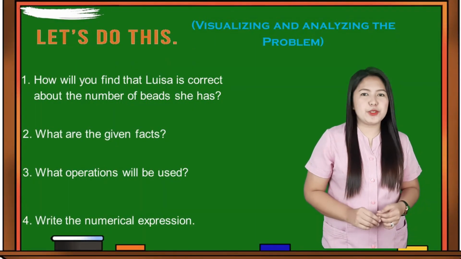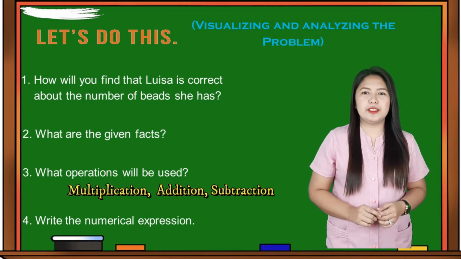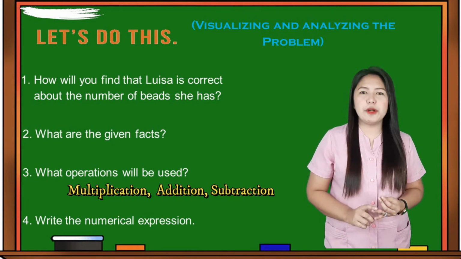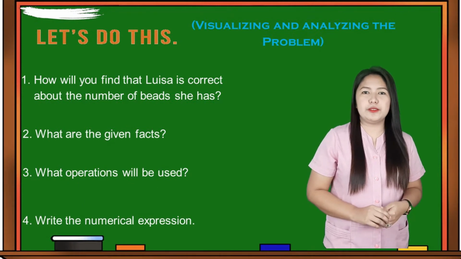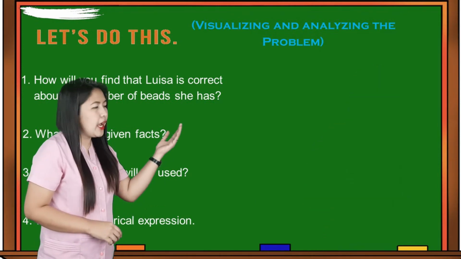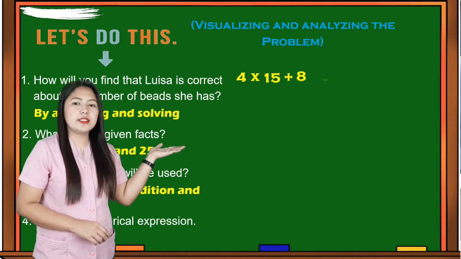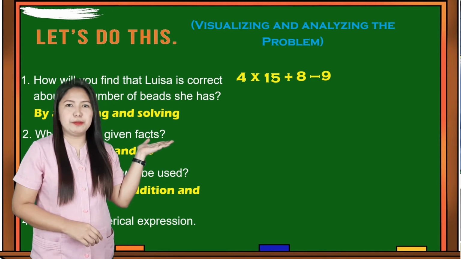Meron tayong multiplication, addition, at subtraction. Dahil meron na tayong given at meron na tayong mga operations, ilalagay na natin sila sa numerical expression. So meron tayong 4 times 15 plus 8 minus 9 plus 25.